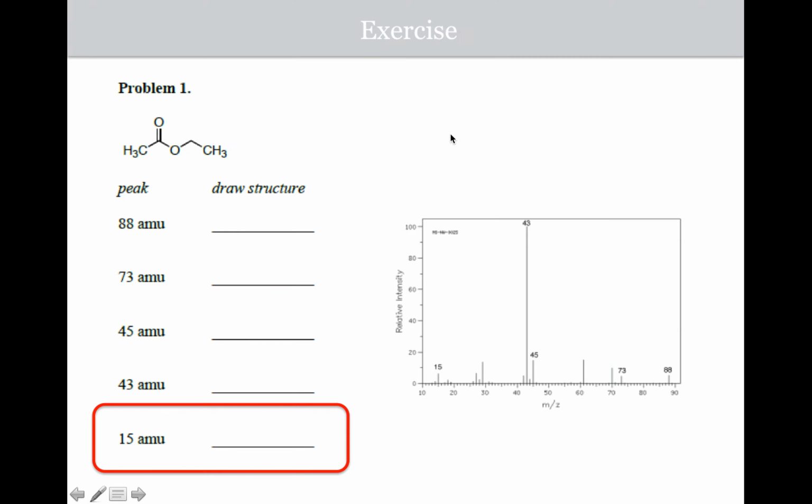I'd like to give an example of one of the problems in our exercise sheet from this lab. This molecule is ethyl acetate. It consists of an ethyl group, an ester, and a methyl group here. If you calculate the molecular ion peak, the carbon is 12 and there are 4 carbons in the molecule, 1, 2, 3, 4. There are 2 oxygens and 8 hydrogens.